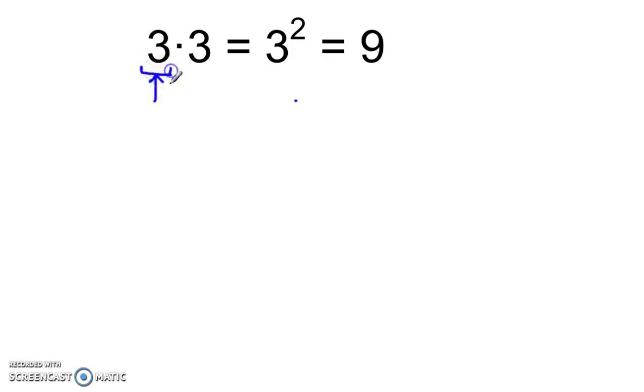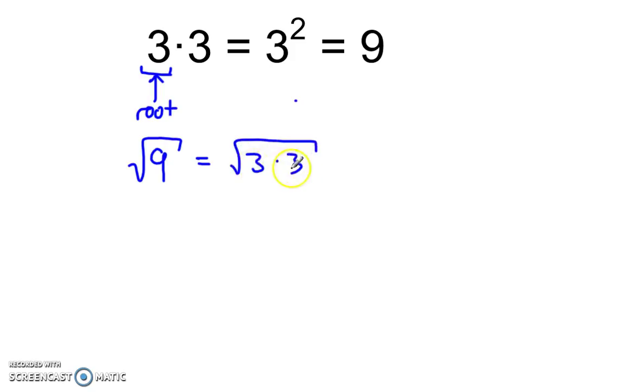So this right here is the root. If I want to find that, since this was a square, I need to take the square root. So the square root of 9 is one of its two equal factors. So if I have 3 times 3, then the square root of that is 3.